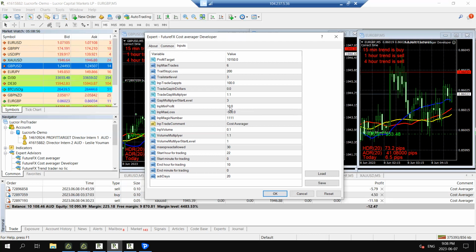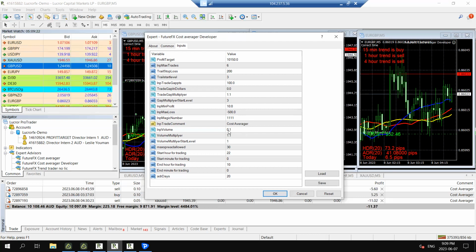But it's designed to only aim for small profit. So I'm aiming for $10 profit per trade or per trade group. If it opens up 1 trade, it's going to close when it gets into $10 of profit. If it opens up 3 trades, it's going to close all 3 when, as a group, those 3 are in $10 of profit.